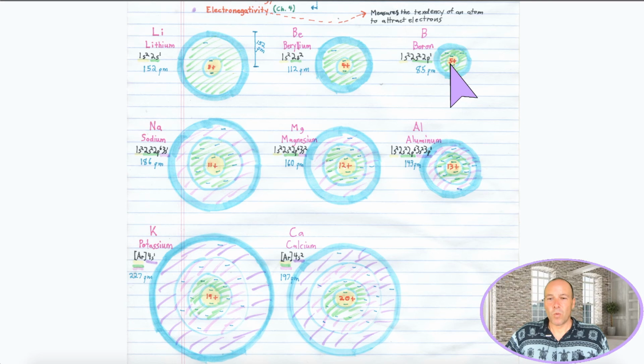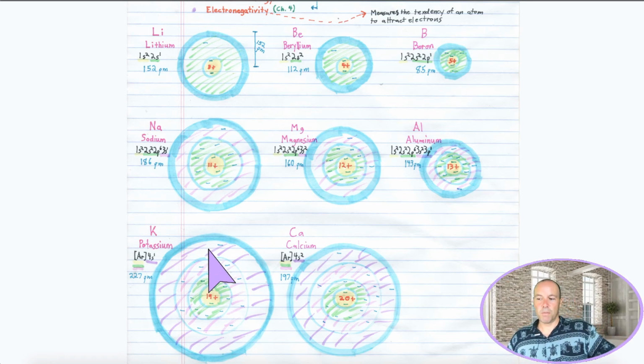So, what do you think would be easier to take? One of boron's electrons that are very close, or maybe potassium's electron, which is like holding your purse way out here. Here you go, you take my money. If you hold a purse way out, it would be easy for somebody to take that.